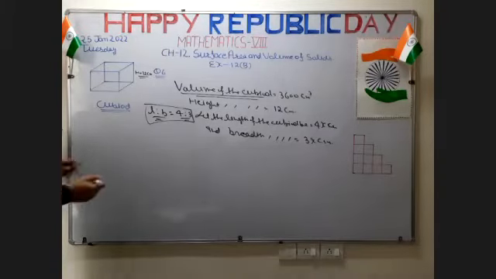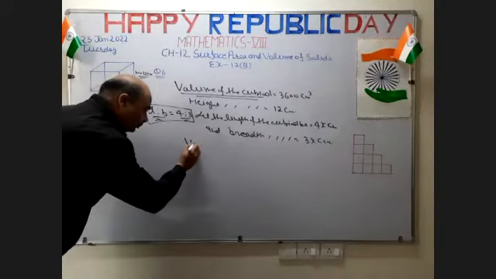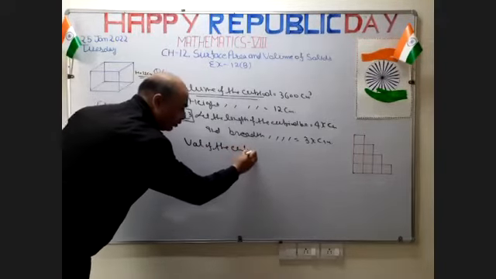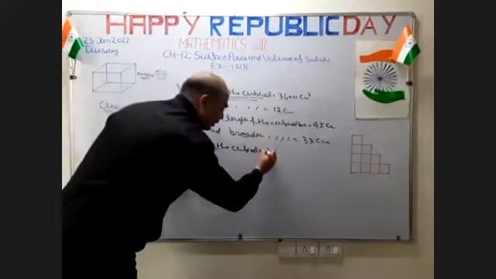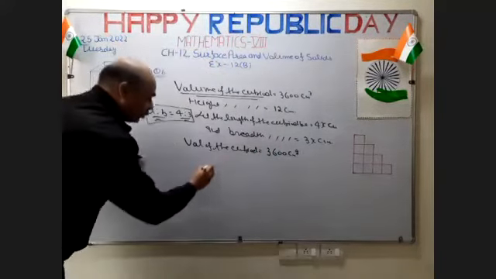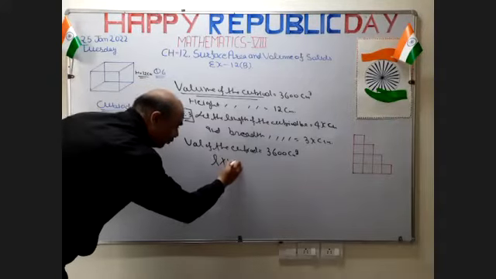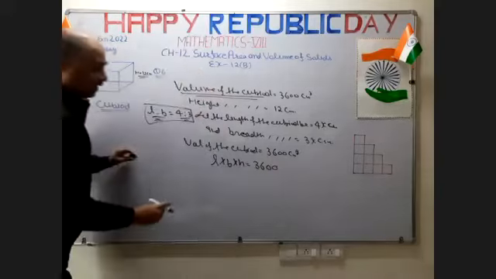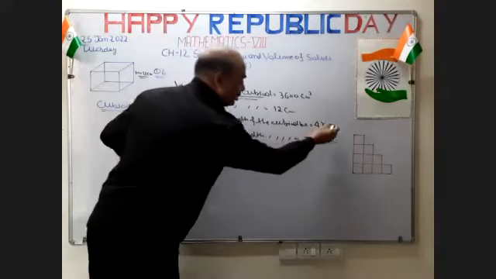So right here, the volume of the cuboid, which is given 3600 centimeter cube. Now for finding the volume of cuboid, I use the formula L into B into H, which is equal to 3600. Okay, now length is given. So length is 4x.